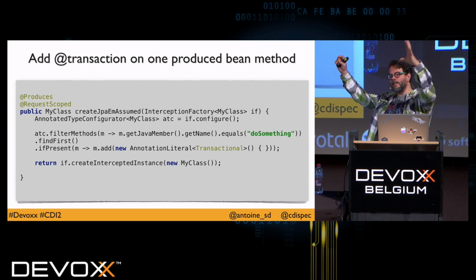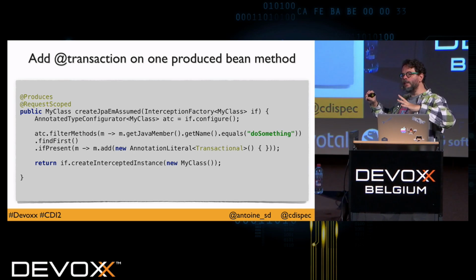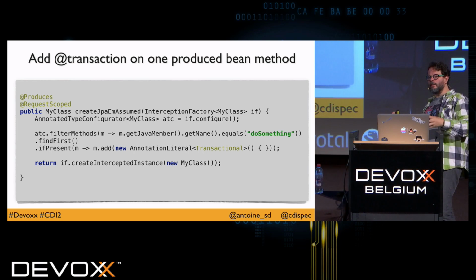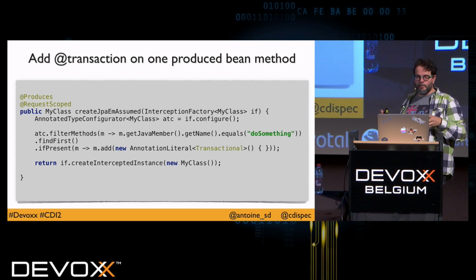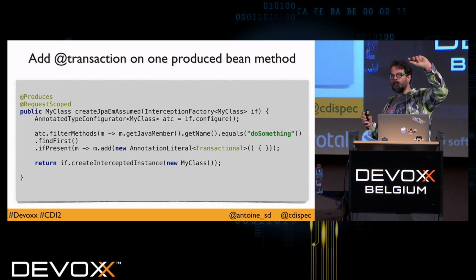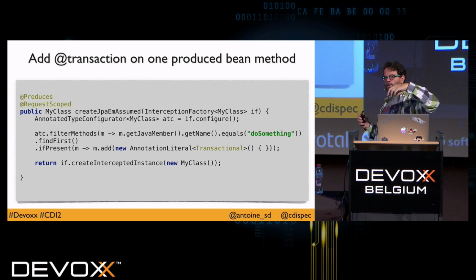But here I'm taking the class, I'm choosing some method on the class, and I say, okay, on this method I add the @Transactional annotation, and I'm giving this to the container with createInterceptedInstance, and it will use the annotation I defined in the annotated type to apply the interceptor binding on this method.